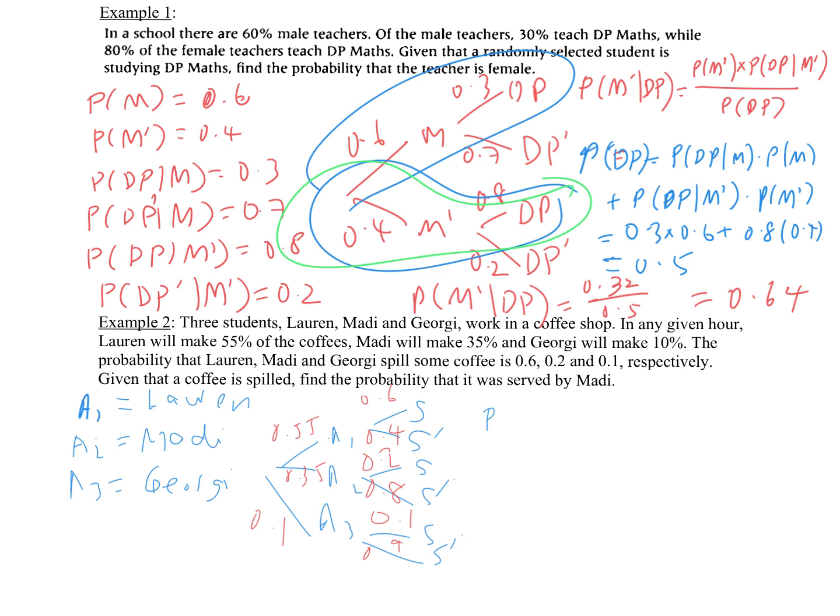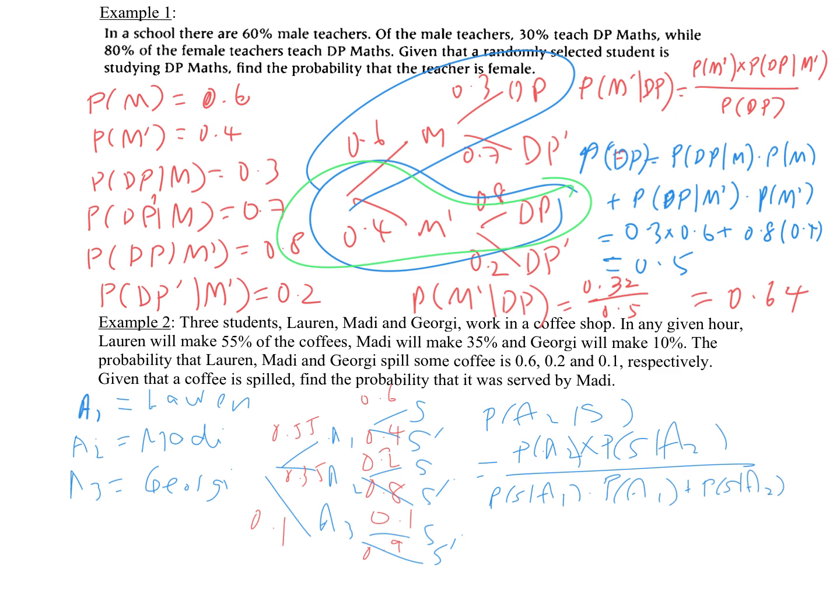So you require the probability of A sub 2 given S. That is given by probability of A sub 2 times probability of S given A sub 2, and the denominator will be probability of S given A sub 1 times probability of A sub 1, plus probability of S given A sub 2 times probability of A sub 2, plus probability of S given A sub 3 times probability of A sub 3.